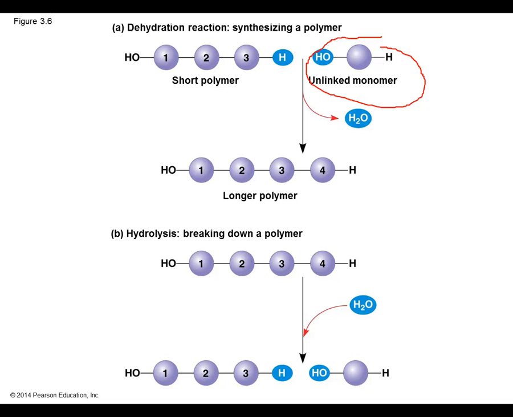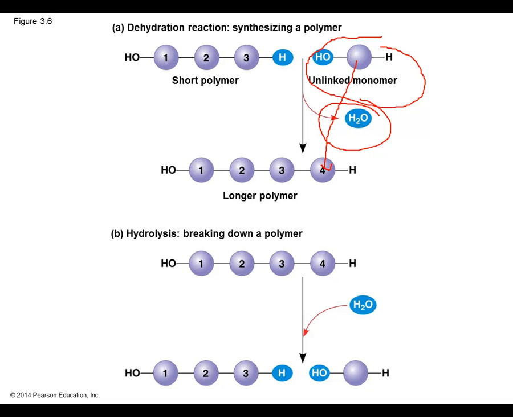A dehydration reaction occurs when 2 monomers bond together through the loss of a water molecule. So when you form polymers, you lose a water molecule to add that monomer to the polymer chain.